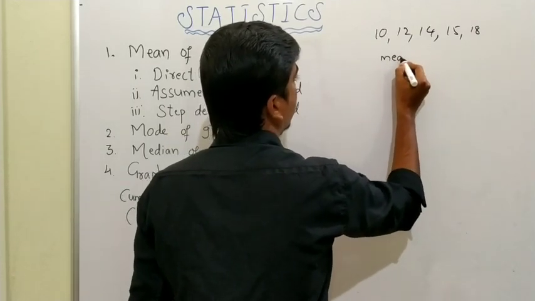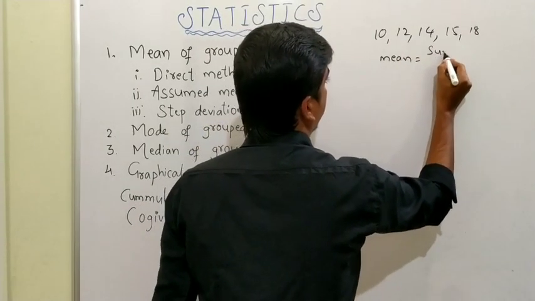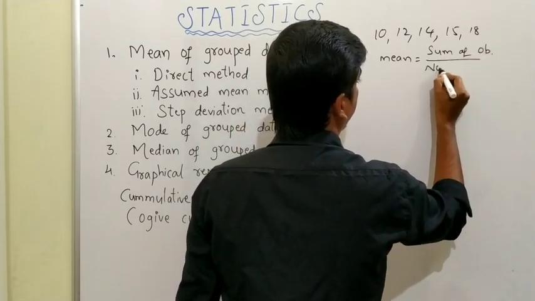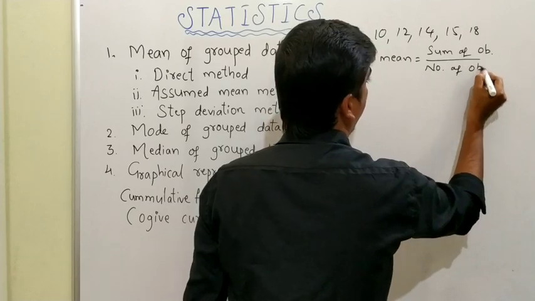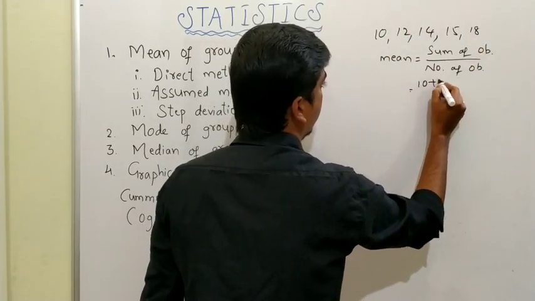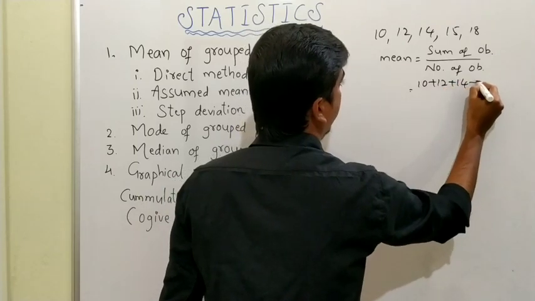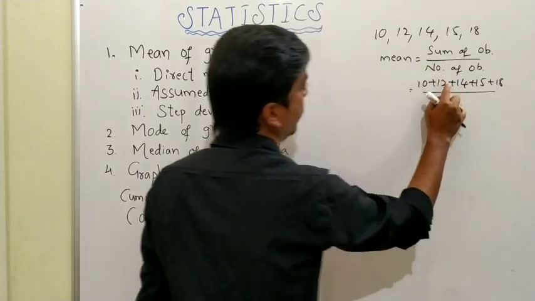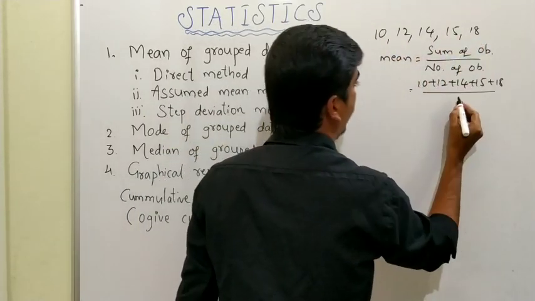Mean equals the sum of observations by the number of observations. First we have to add all the observations: 10 plus 12 plus 14 plus 15 plus 18, divided by the number of observations, which is 1, 2, 3, 4 and 5.